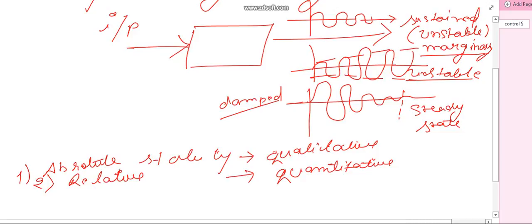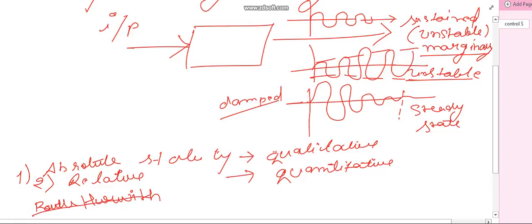Now first we are going to see the Routh Hurwitz criteria of stability.